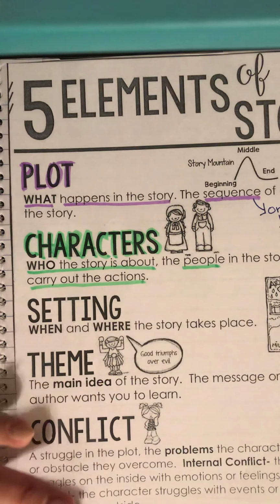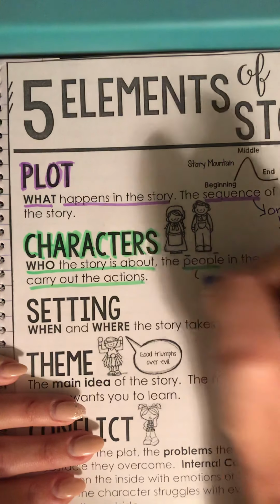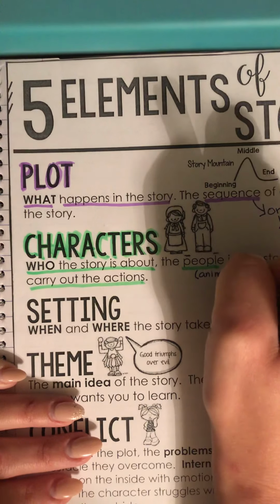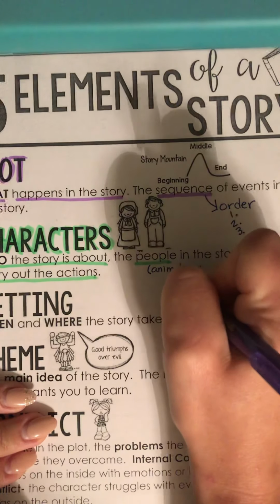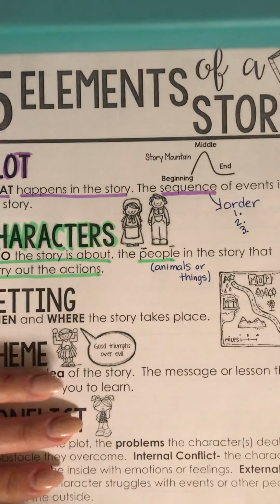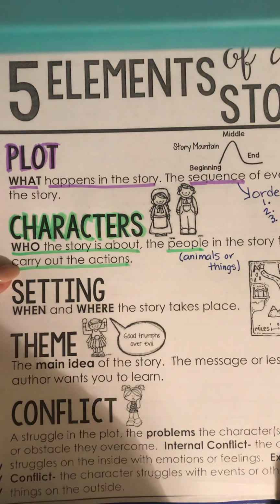They can be made up, aliens, or anything. So the characters are who the story is about. And under where it says people, we are going to also write in parentheses animals or things. Because sometimes we know that things inside of a fiction story can carry out the actions of that story.